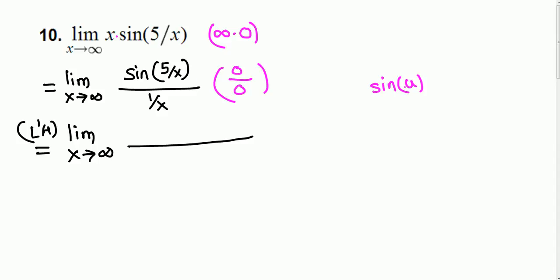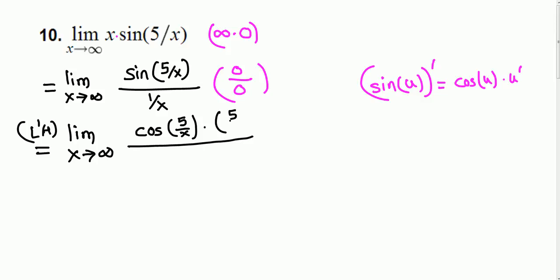The derivative of sine of the inner function is the derivative of the outer function, cosine at the inner function, times, from the chain rule, the derivative of the inner function. So the derivative of sine 5 over x is cosine 5 over x times the derivative of 5 over x. I'm going to write the derivative of 5 over x and differentiate it in the next step. On the bottom, I just keep the derivative of 1 over x.